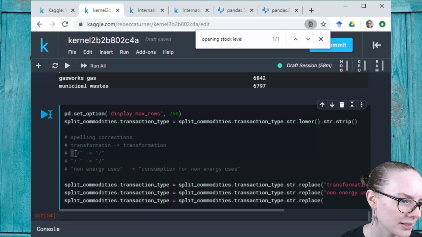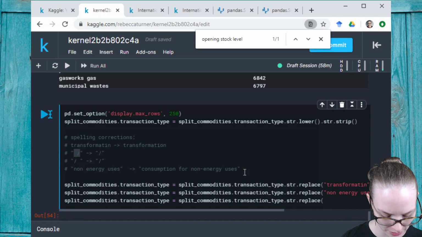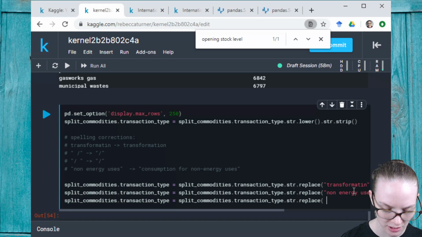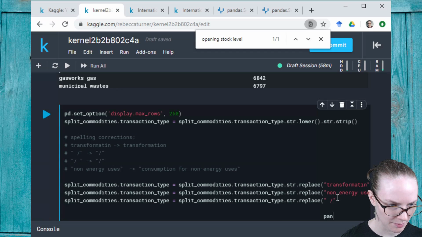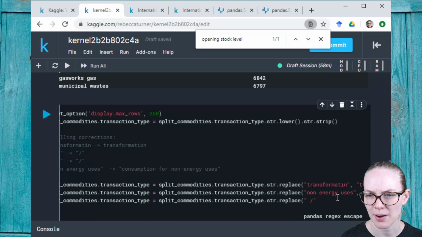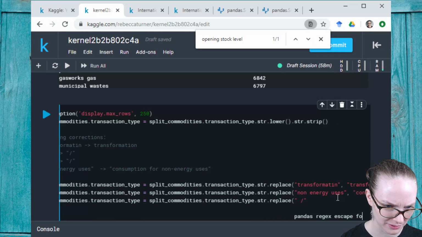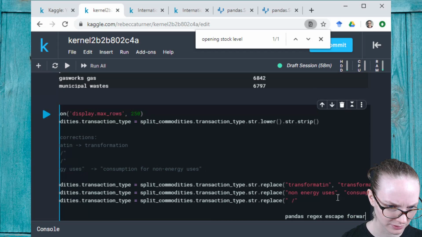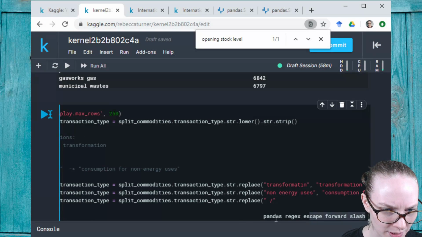So we want to replace this, and the problem is that this is a special character in regular expressions. So, pandas regex escape. So the forward slash or the backward slash? I think that's the forward slash. I always get them backwards.